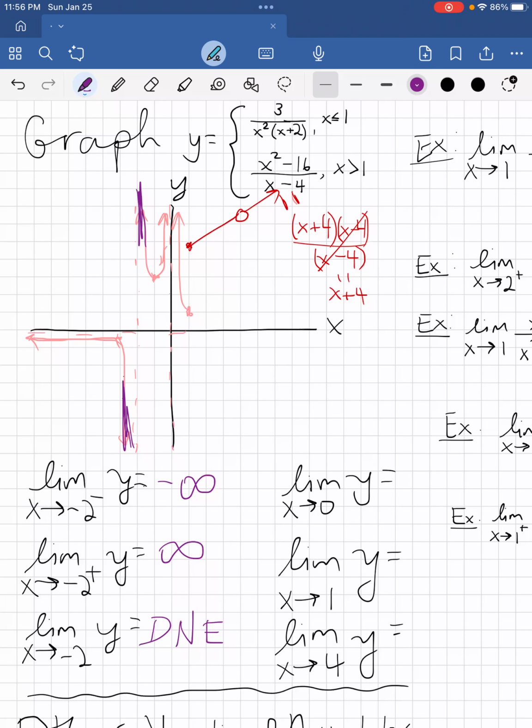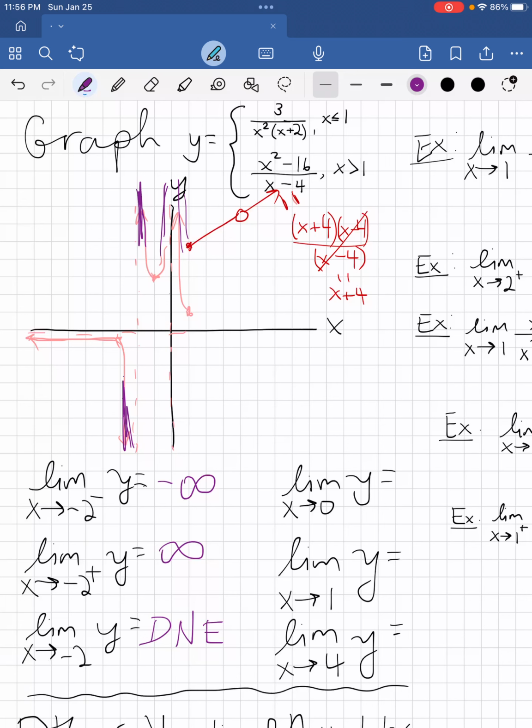Now, if we look at the limit as x approaches 0, we see that kind of the opposite thing is happening. Because as x approaches 0 from the left-hand side, y is getting more and more positive. As x approaches 0 from the right-hand side, y is getting more and more positive.